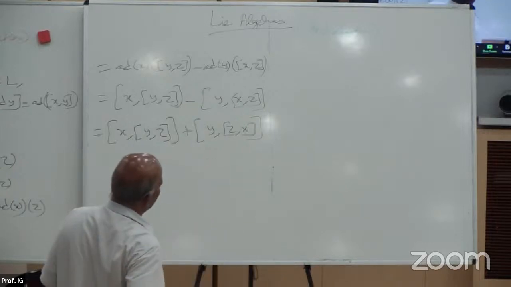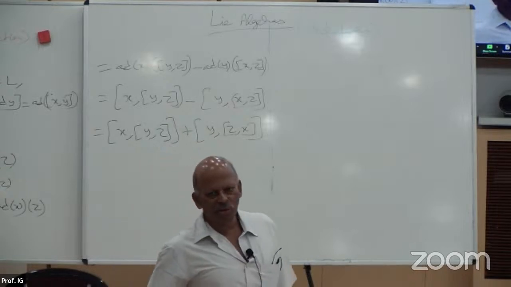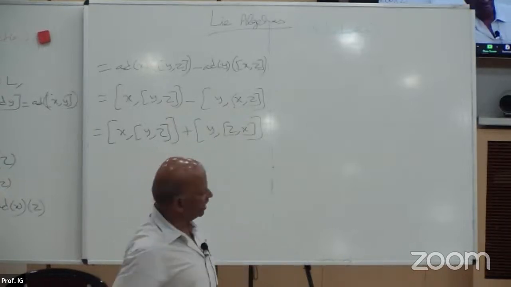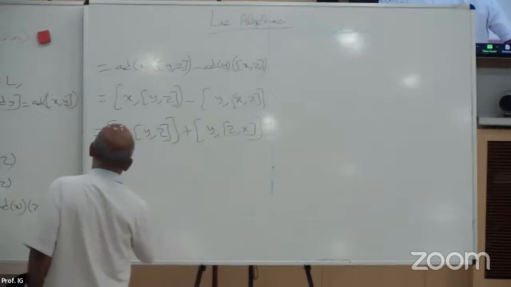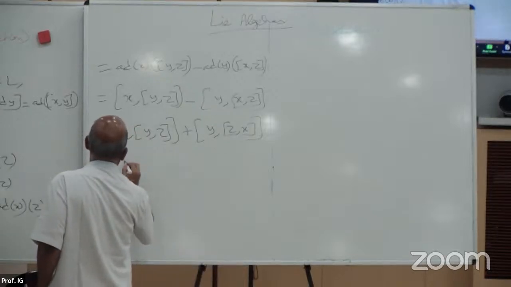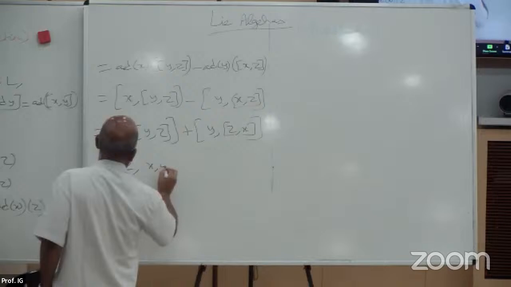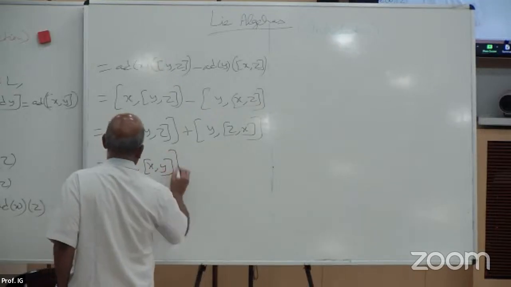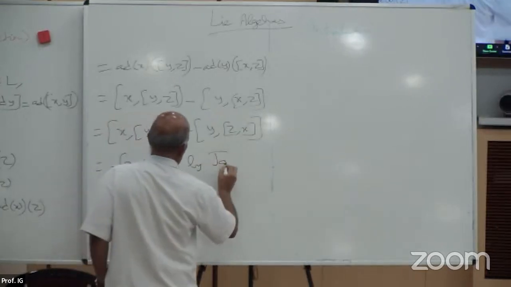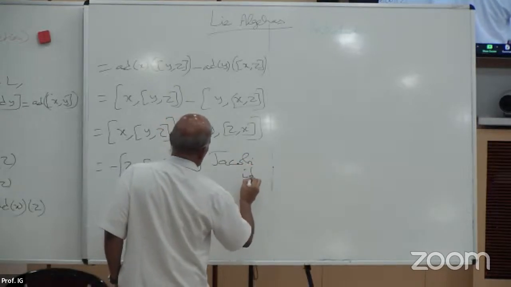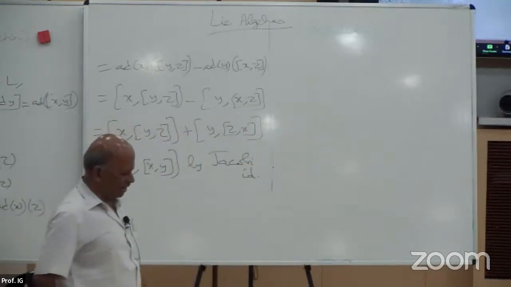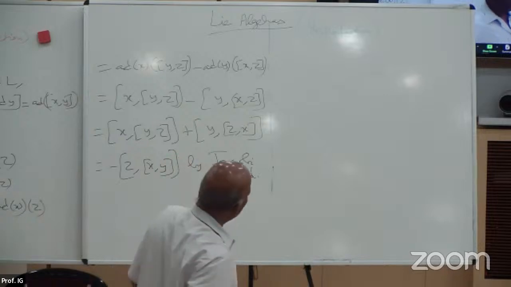And the last one, which we have not used, namely the Jacobi identity, is what is needed here. What do we know? [x, [y, z]] plus [y, [z, x]] is nothing but minus [z, [x, y]] by the Jacobi identity. So all three properties are used here.